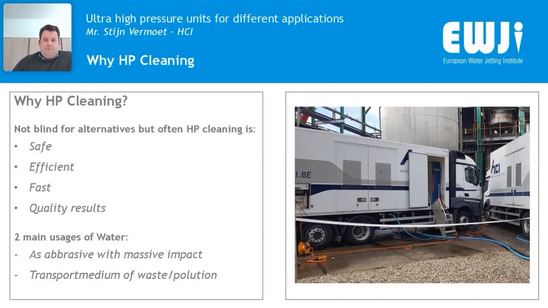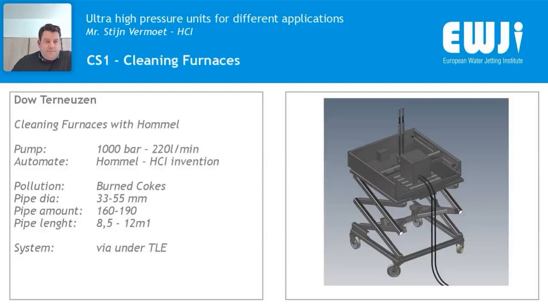So I go further with some use cases. First of all, one is from Dow. Also Hans will know a lot about this. We designed a Hummel system so we can clean the furnaces, the tubes of the furnaces, from beneath the furnace. It was a main topic to get the pipes cleaned in a short duration of time.